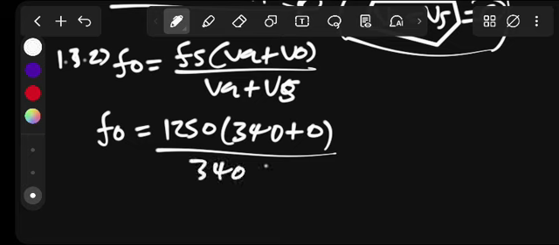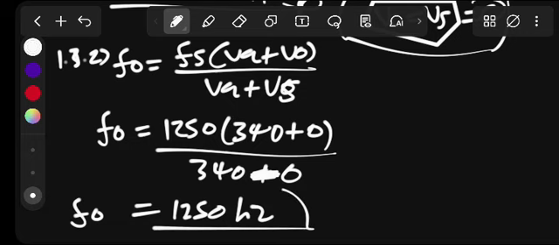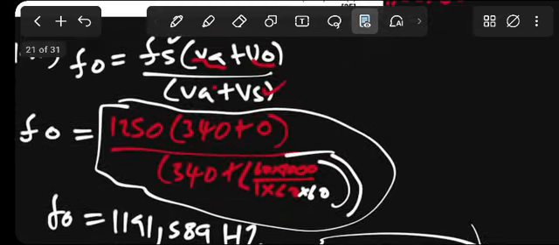Then we have 1250 into 340 plus 0, over 340 minus 0, but still there's nothing there. Remember, here you're supposed to put minus because it is going away from the source just before it's met, but still this does not affect anything. This will be 1250. All right, so this is what we have for that.